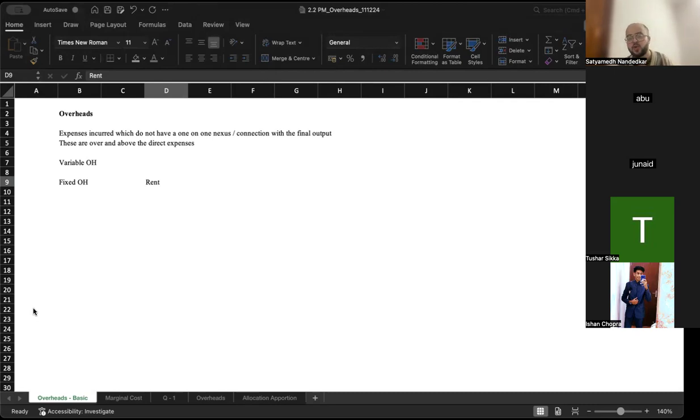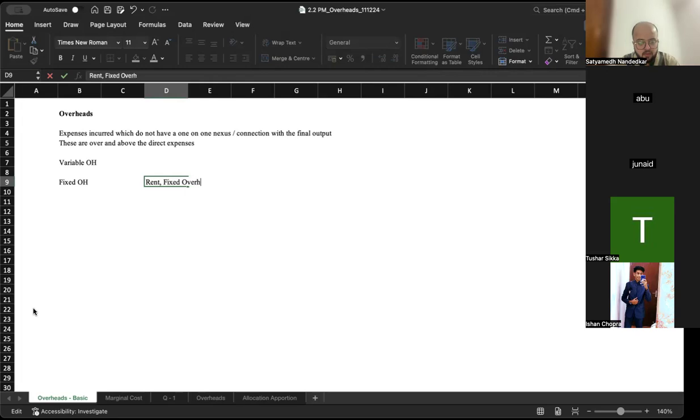That salary is not going to change. So that is an example of a fixed overhead. So, rent, salary of security guard, etc. And what is variable overhead?